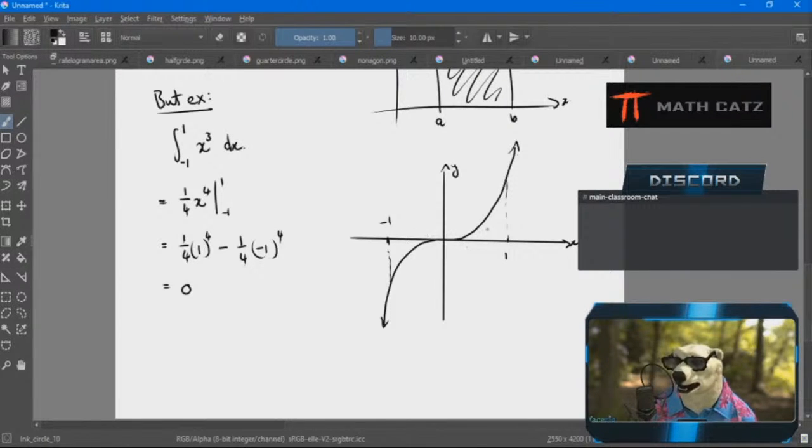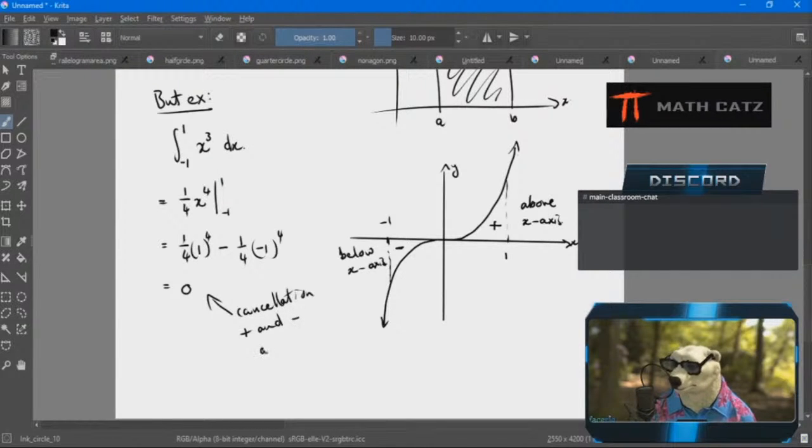It's actually associating a sign of positive with areas above the x-axis and a negative sign with areas below the x-axis. And when they're put together, there is a cancellation in positive and negative areas that happen automatically. Automatic.